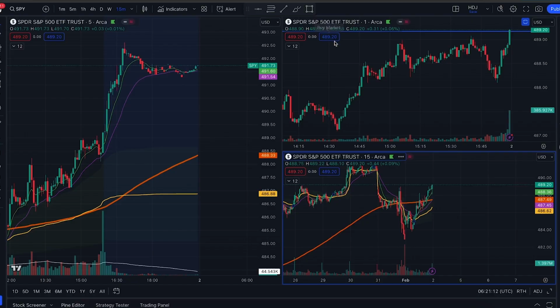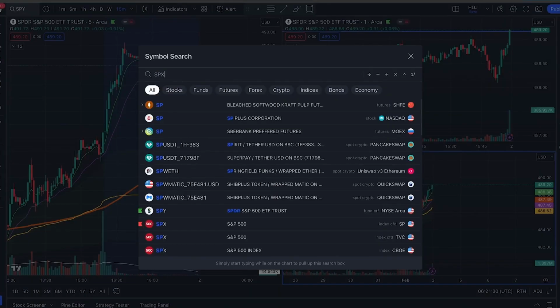But let's just say I'm trading SPY, right? And let's just say I have 3 monitors. This is on one monitor. And on the second monitor, I've got SPX.